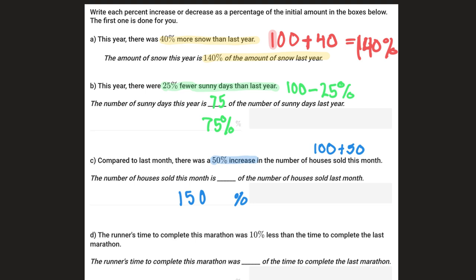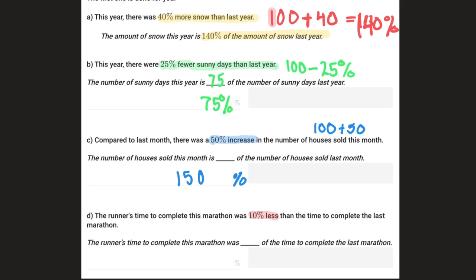And the last one says, the runner's time to complete this marathon was 10% less than the time to complete the last marathon. So less means subtraction. So we would have 100% was the first marathon.